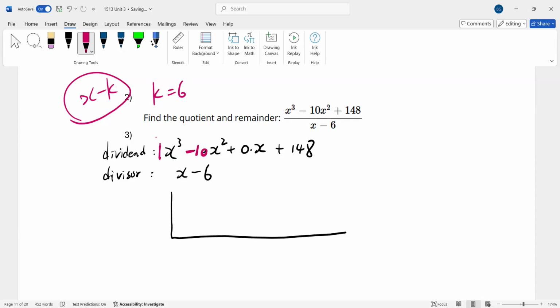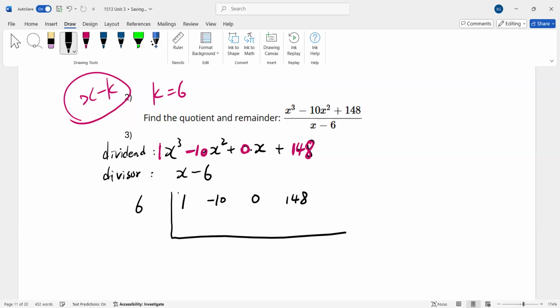Coefficient of x is 0. Coefficient of the constant term is a positive 148. So we place those numbers like this: 1, negative 10, 0, 148. And then we place 6, the k, right next to the big L on the left side.